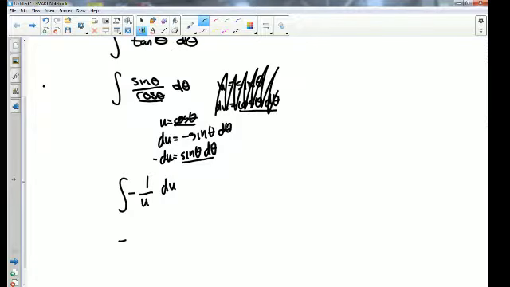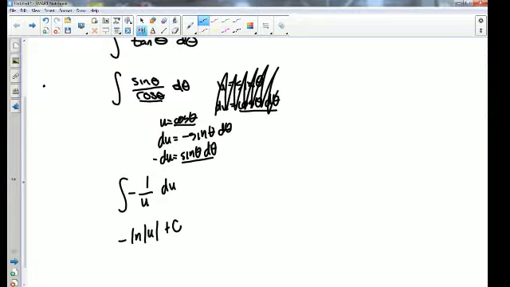So, antiderivative? Natural log of the absolute value of u. Yep. Remember, if that's an exponent in the bottom, that's 1. The antiderivative is in that natural log.